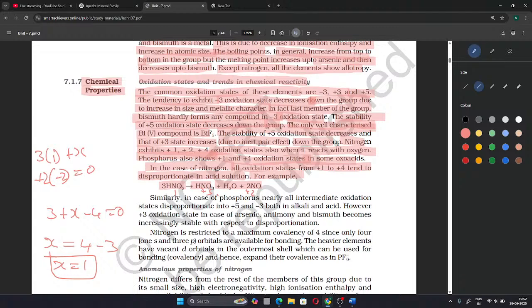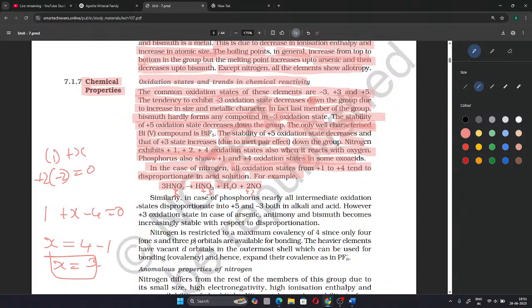But in NO, nitrogen is +2, meaning nitrogen there got reduced.